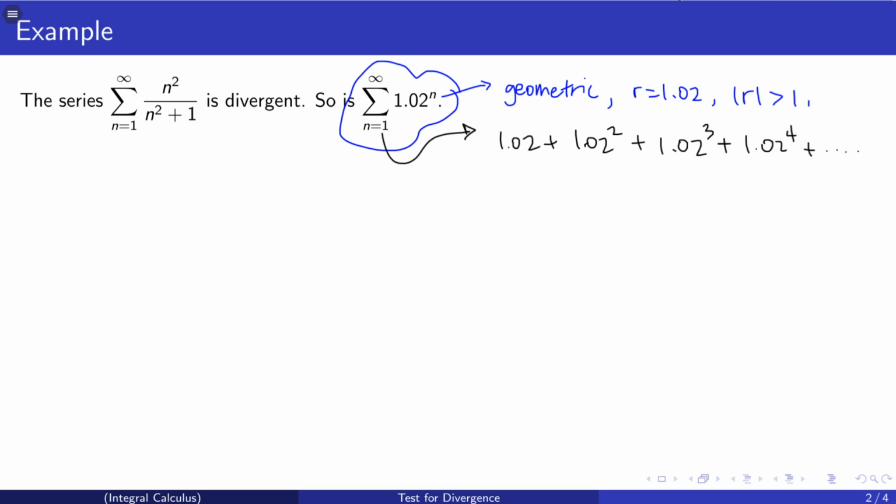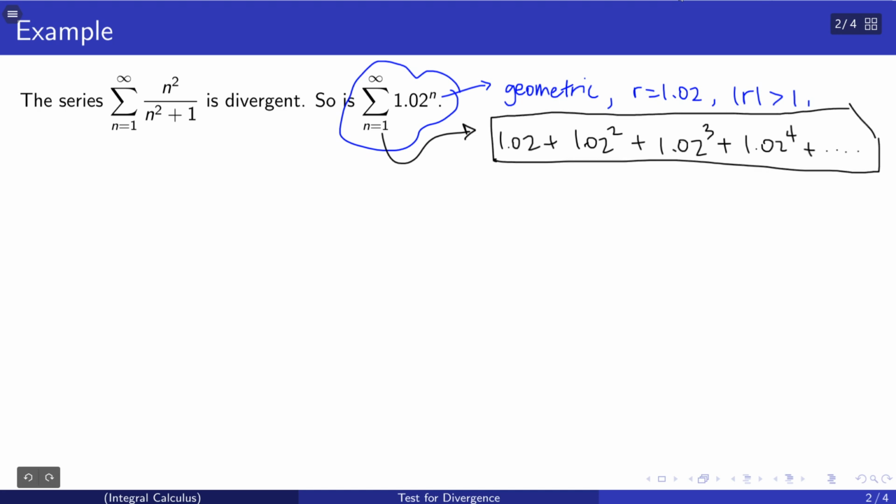And so the question of whether a series converges or diverges really means, does this infinite sum add up to anything finite, a specific number? And in this case, it's quite easy to see that it does not add up to a finite number, even without thinking about the whole proof about why a geometric series diverges if your ratio is larger than 1.